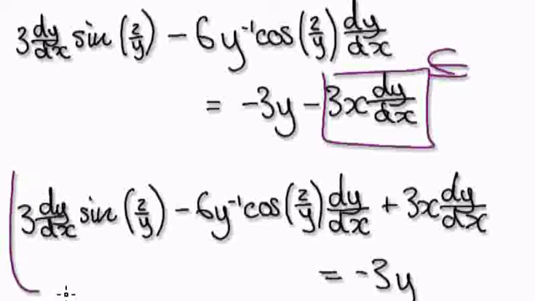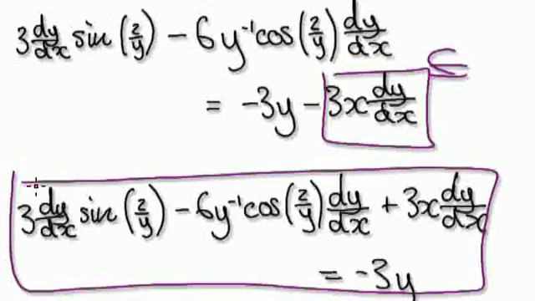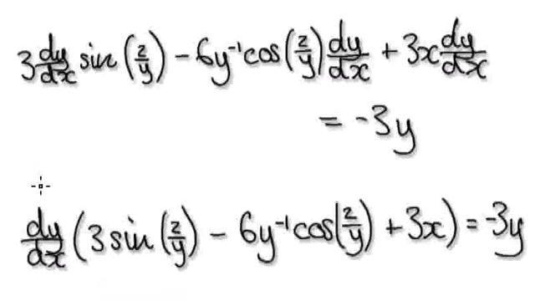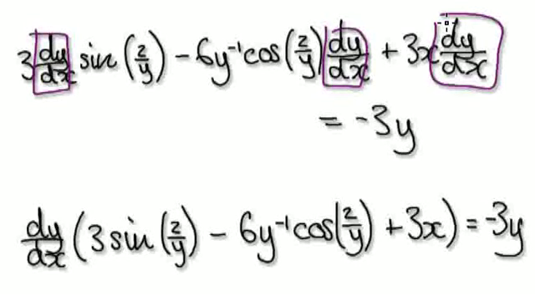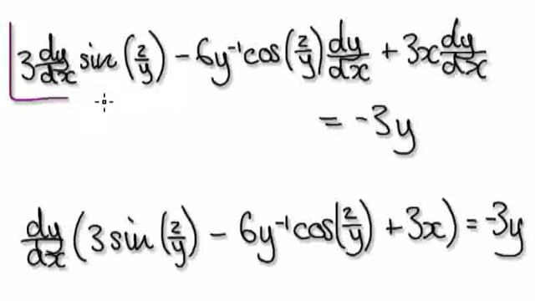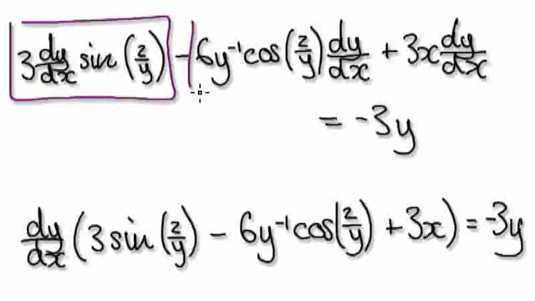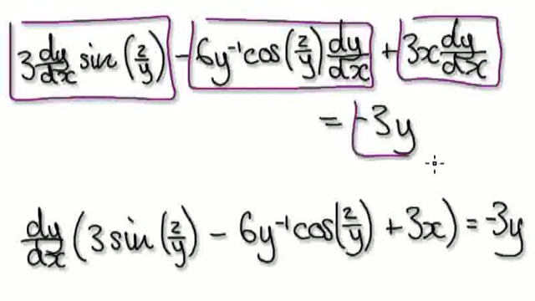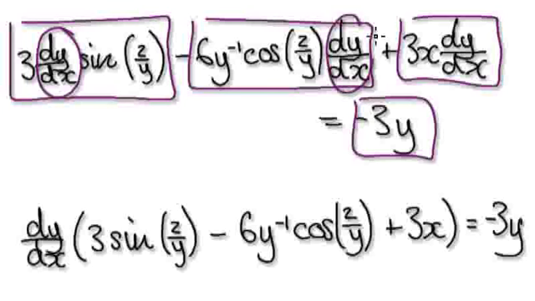That will then give us this whole thing here. And then we've got to factorize out the dy by dx here, because at the moment you've got one block, taking away this block, add this block, and then on the right hand side you've got this. So factor out this, factor out this, factor out this.